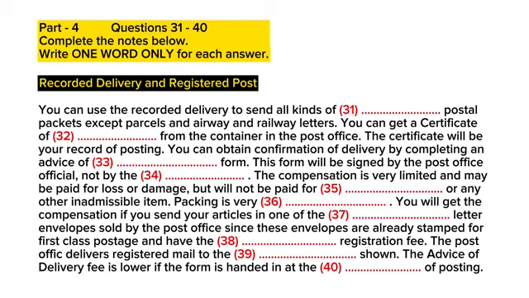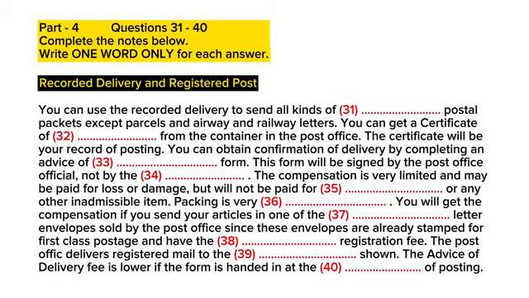Well, compensation is limited. Compensation may be paid for loss or damage, but will not be paid for money or any other inadmissible item. If you want a speedy service for articles of value with extra security of handling en route, and wish to have compensation in the event of loss or damage, you should use registered post.